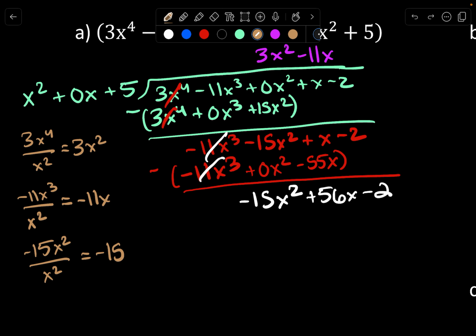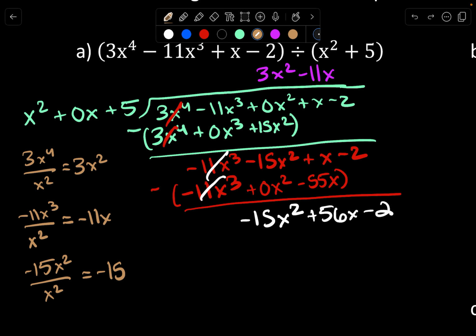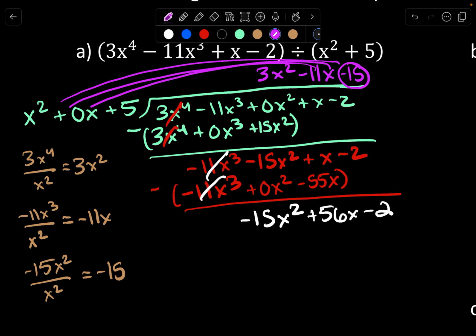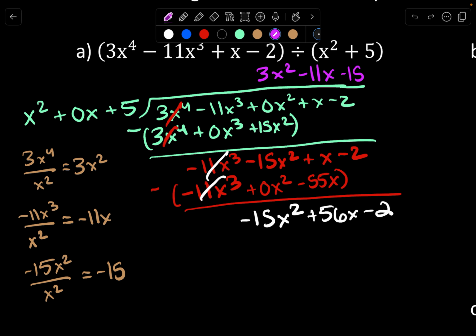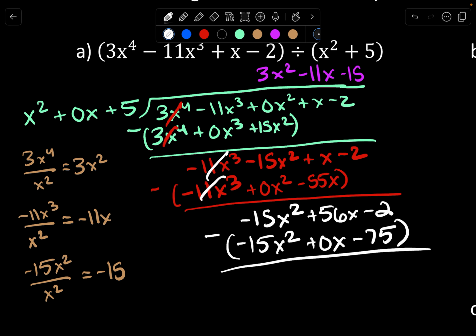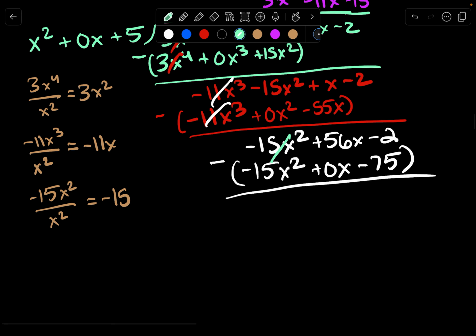We put negative 15 as the last part of our quotient, and then we multiply negative 15 with all three terms in the divisor. We end up with negative 15x squared, then negative 15 times 0 gives plus 0x, and negative 15 times 5 gives minus 75. We subtract that, and these cancel out.